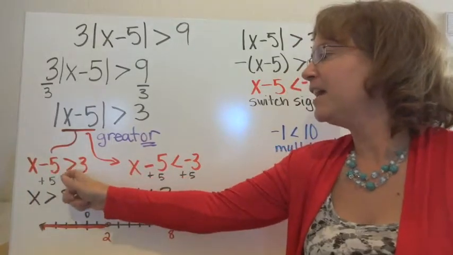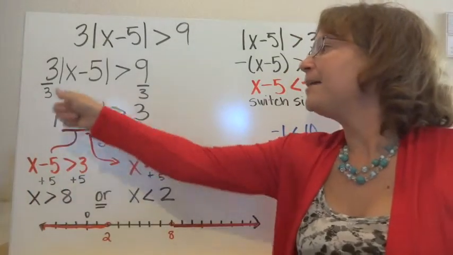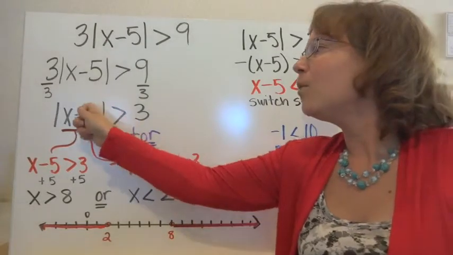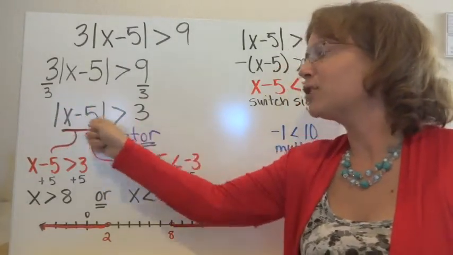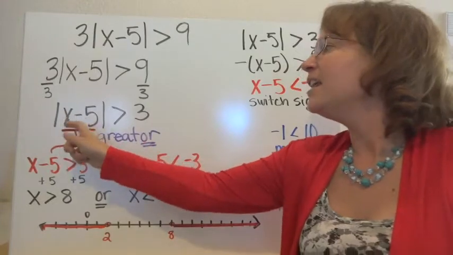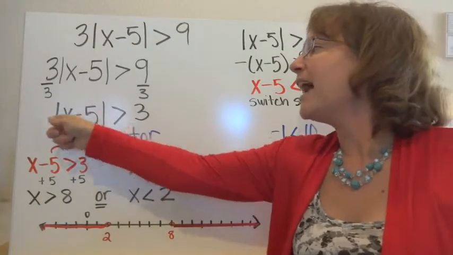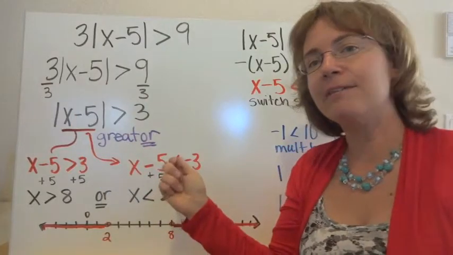So x minus 5, if that's greater than 3, then the absolute value of that will also be greater than 3. Well, what if the negative, if we're talking about the negative of the quantity inside that absolute value? Well, we want that to be less than -3.